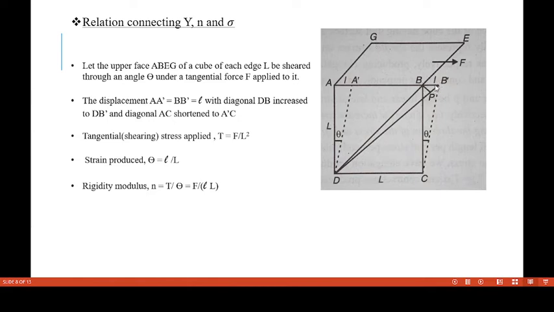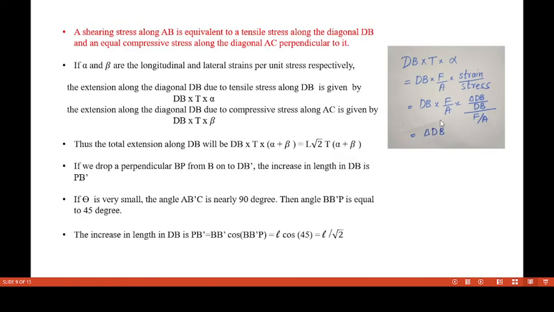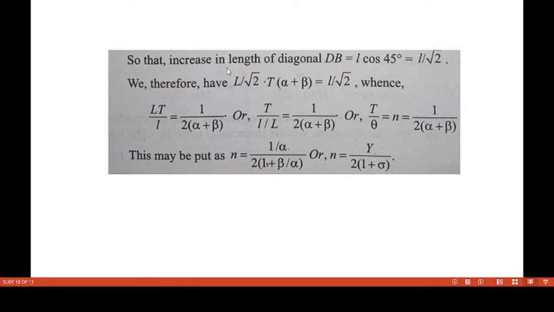Now cos 45 can be written as adjacent side by hypotenuse. Adjacent side is P B', hypotenuse is small l. So P B' will be l cos 45 degree, which is l into 1 by root 2, or l by root 2. So the increase in length of the diagonal dB is l cos 45 degree, which is l by root 2.